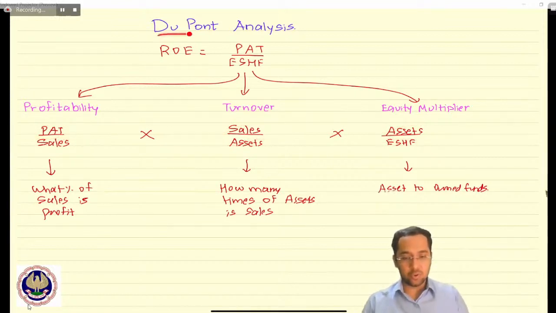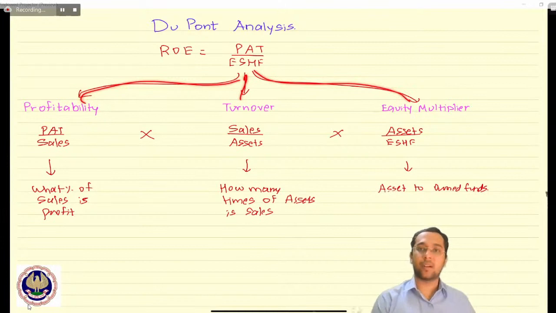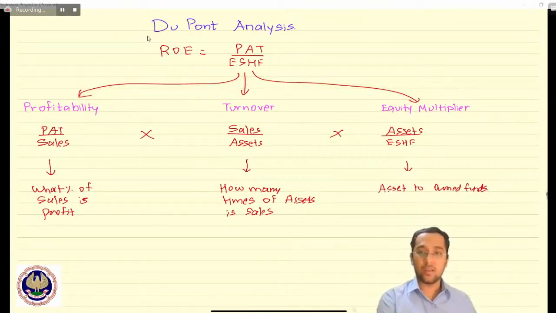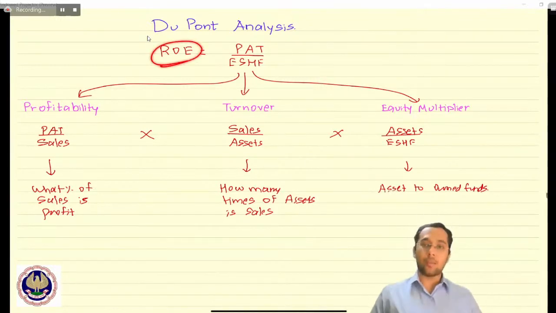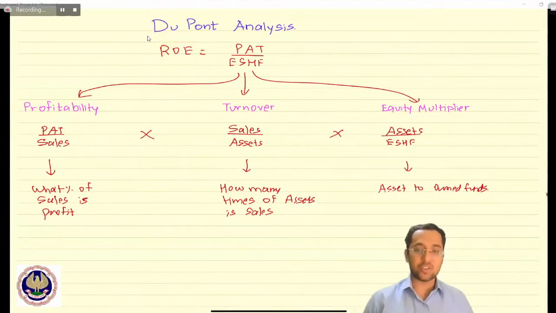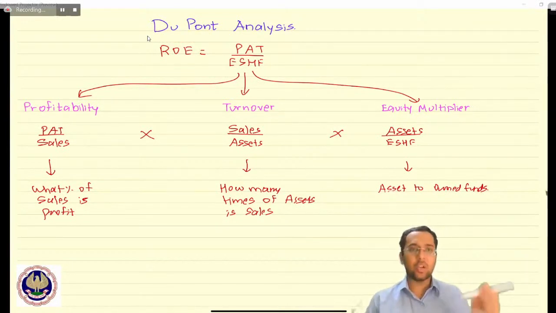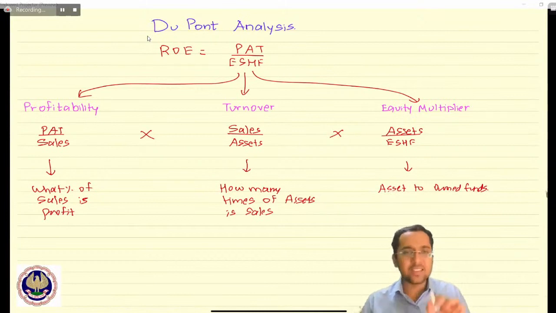Okay. So DuPont analysis helps us understand and break up the performance of a company. It also helps us analyze why the company is not able to survive, or why the company is not able to generate a good amount of returns for its shareholders. You can actually go deep down and see where the problem lies. Is the problem with the profitability?